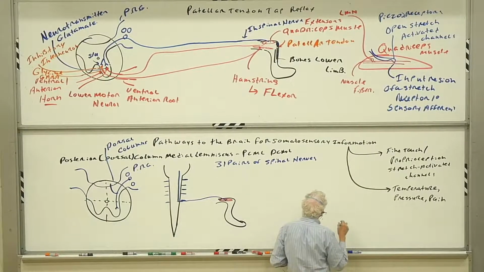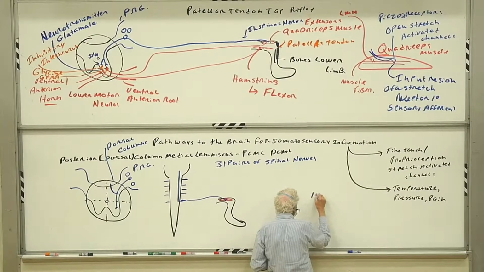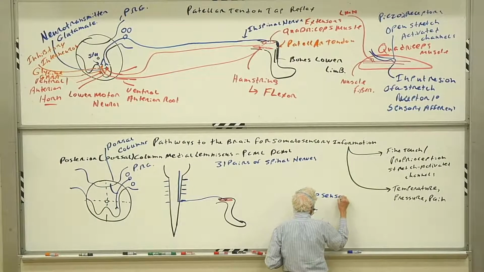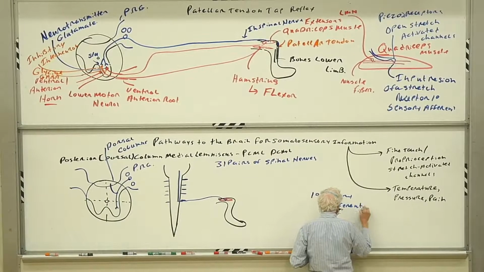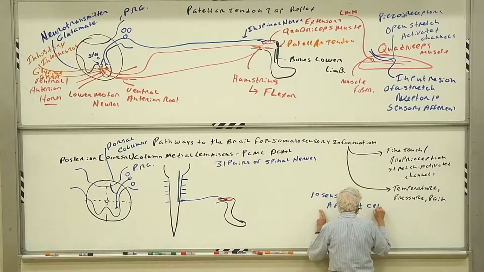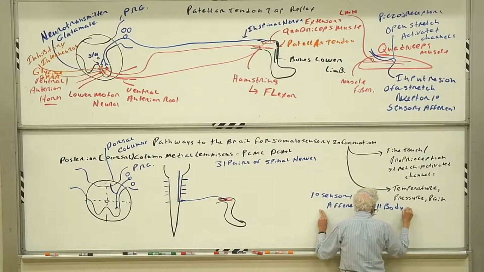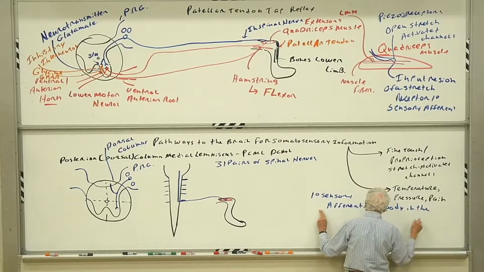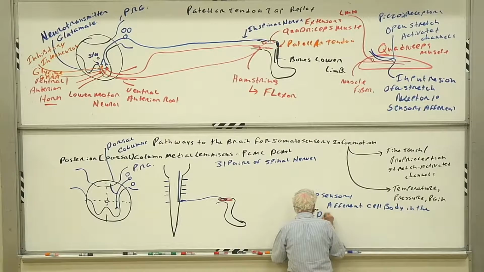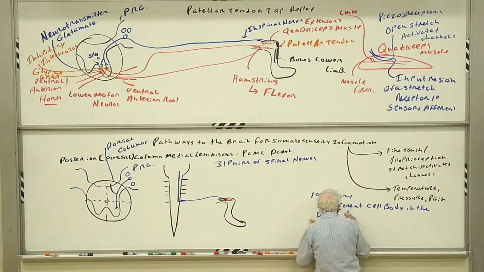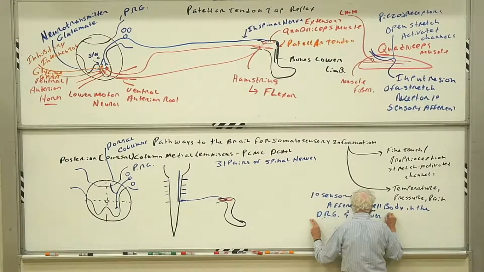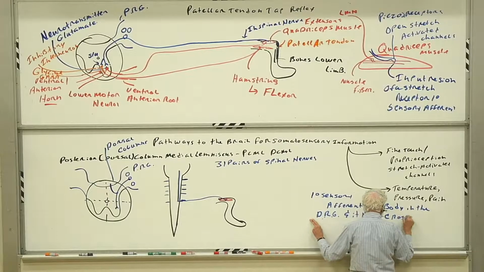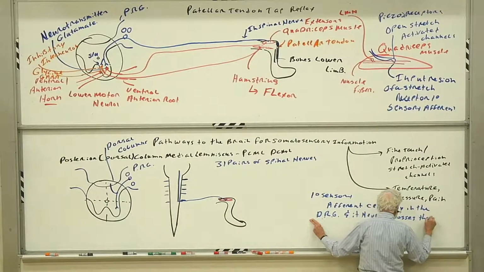Again, this is one of the rules that the primary sensory afferent, first it has the cell bodies in the dorsal root ganglion, and it never crosses the midline.